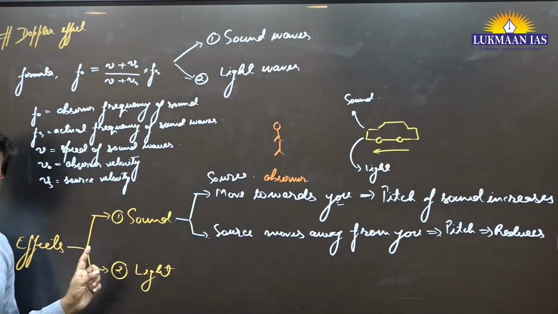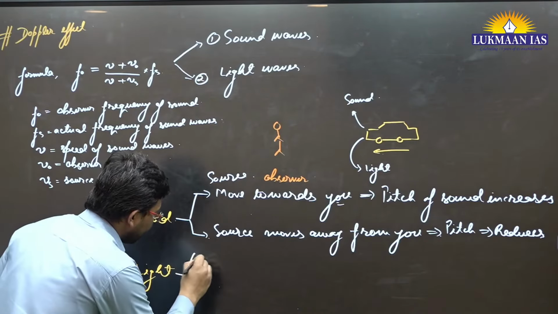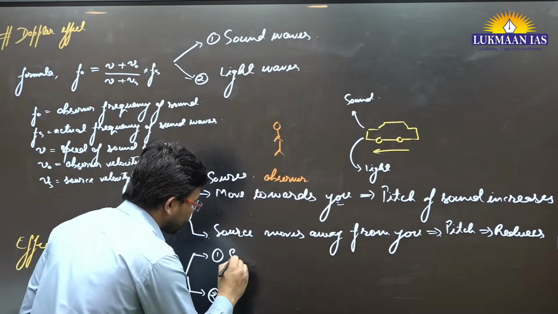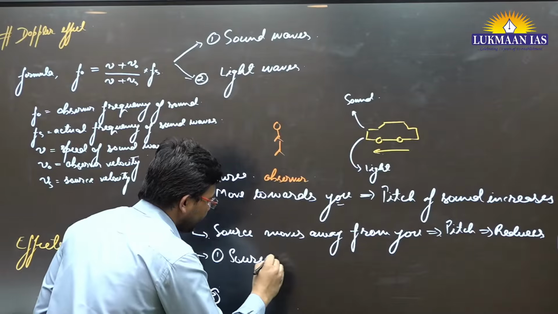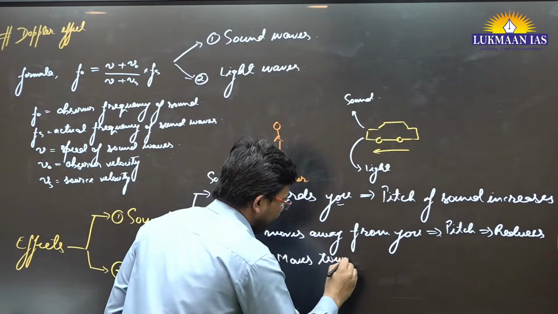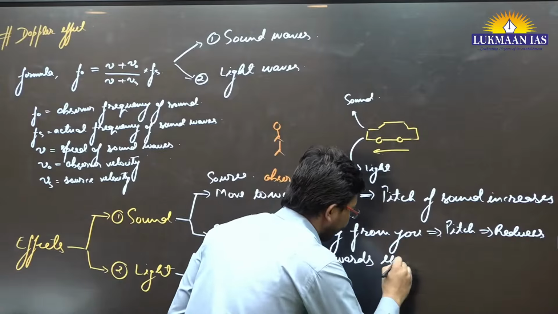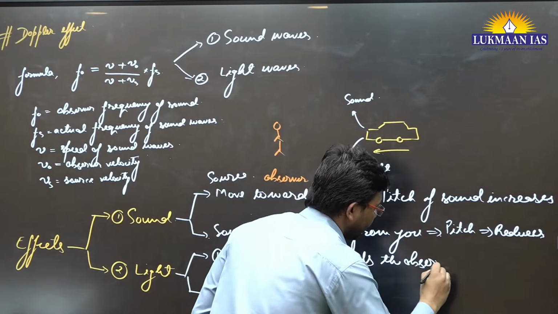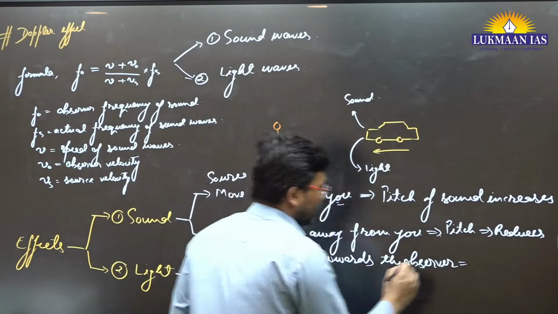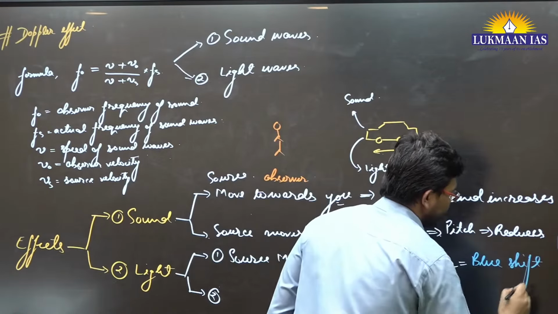In case of light, what happens? Light showcases two similar phenomena. Number one, if the source moves towards the observer, we see something known as blue shift.